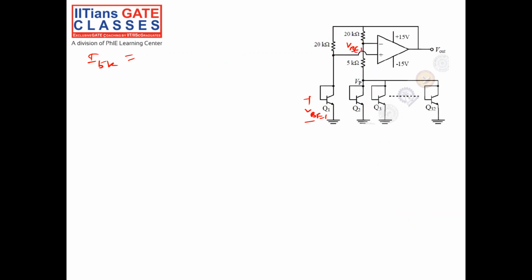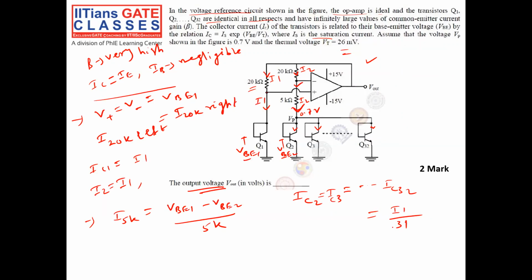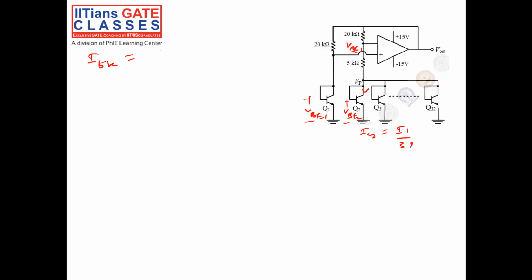Another end is connected to VB2, and the current flowing through is IC2, which is nothing but I1 by 31. Already you told this. Now, the current in 5K is VB1 minus VB2 divided by 5K.